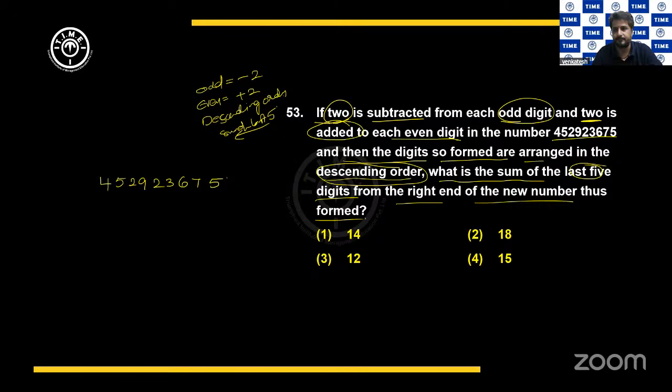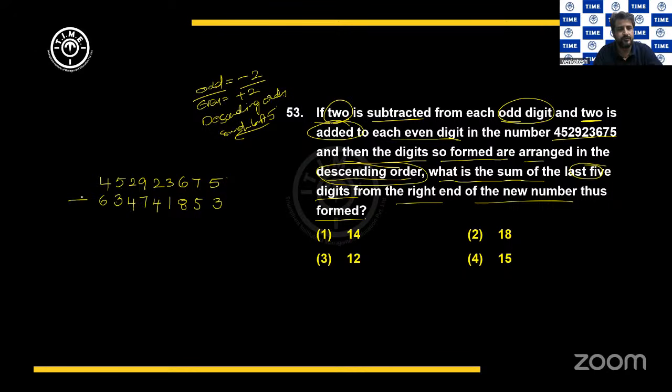Right. For odd digits, it should be minus 2. So 5 minus 2, 3. 9 minus 2, 7. 3 minus 2, 1. 7 minus 2, 5. 5 minus 2, 3. For even digits plus 2: 4 plus 2, 6. 2 plus 2, 4. 2 plus 2, 4. 6 plus 2, 8.